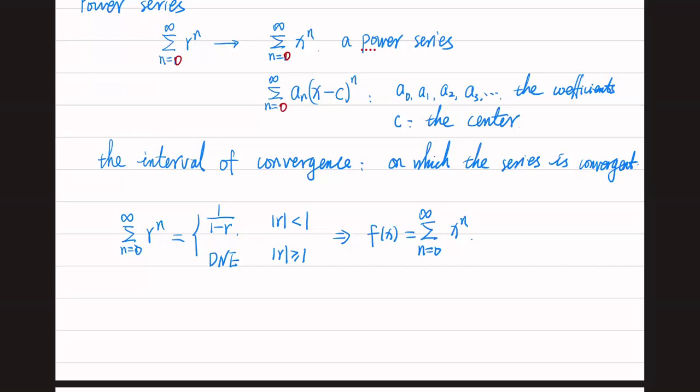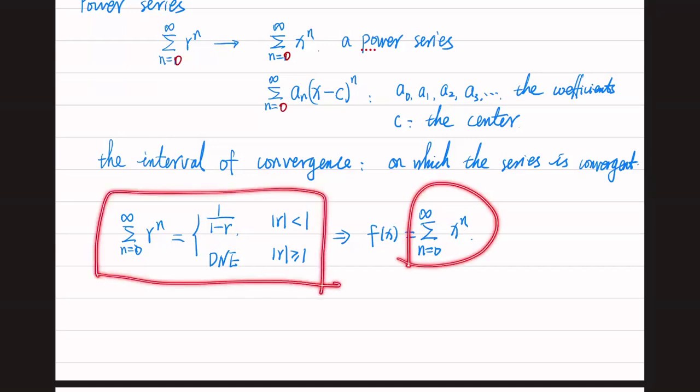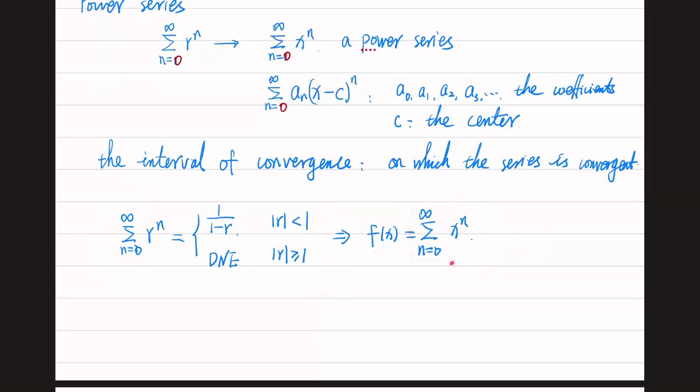Zichen, what do you say? Why use the knowledge over here? When is it convergent? So we can compare it with this one and see that when the absolute value of r is less than 1 it is convergent.